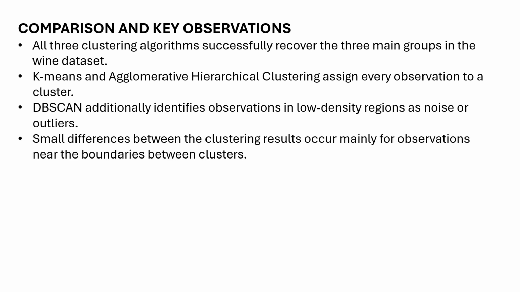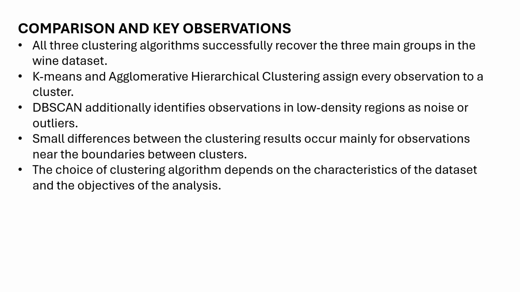The small differences observed between the methods occur mainly for samples located near cluster boundaries. These results illustrate that no single clustering algorithm is universally superior. Instead, the most appropriate method depends on the characteristics of the dataset and the objective of the analysis.